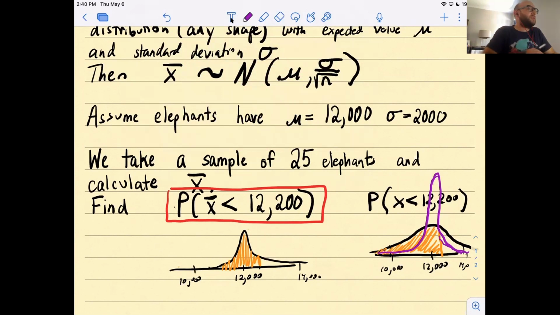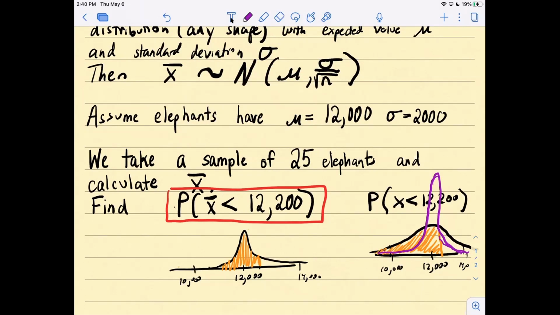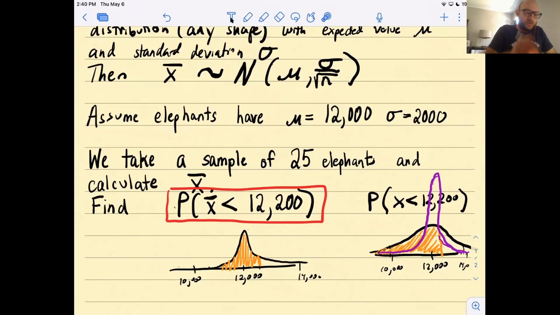But how does that work for the intuition? Does that intuition make sense? I have a question. Yeah. I know you showed it in the visual representation, but I still don't quite understand why one of them has a much steeper curve than the other. Very good question. The reason is that as we take a larger sample, the X bar has a much narrower distribution.